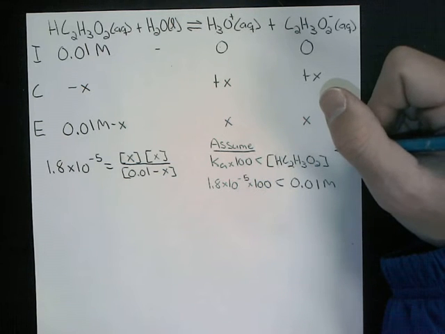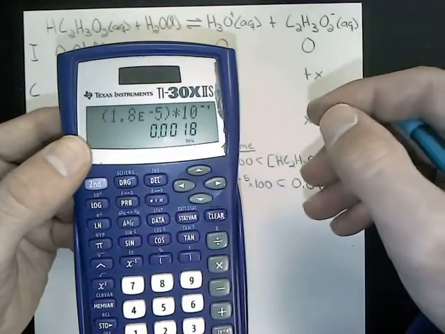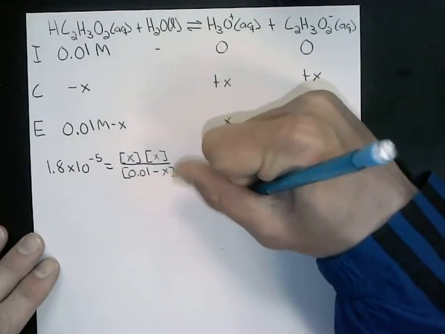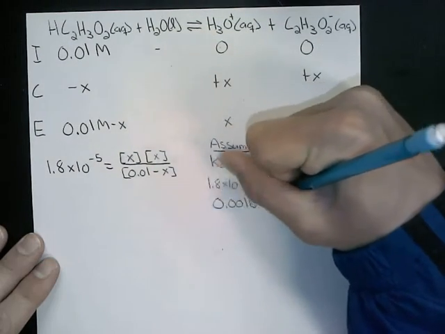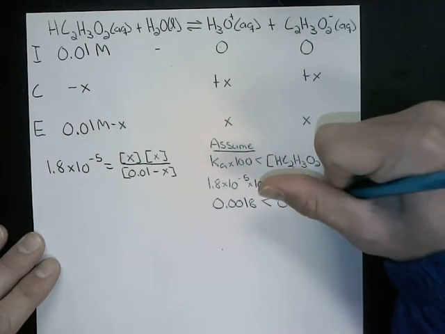Well, again, that value is 0.0018. So 0.0018 is less than 0.01. That's good for us.